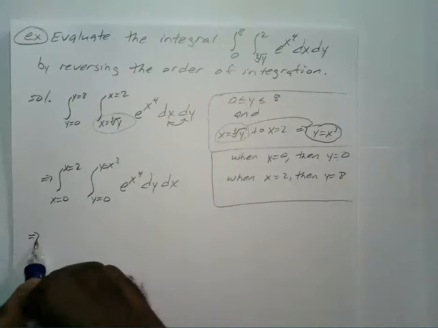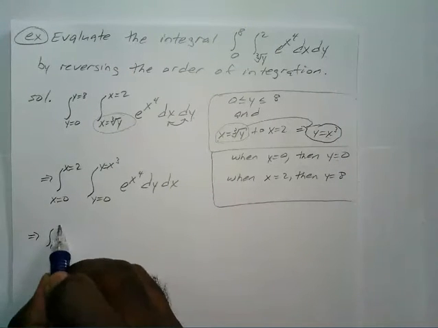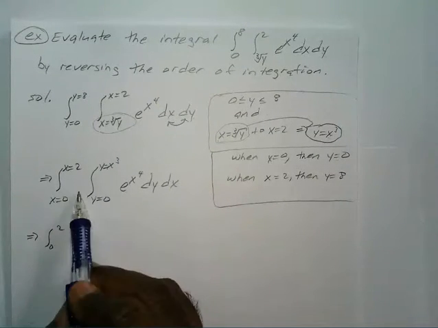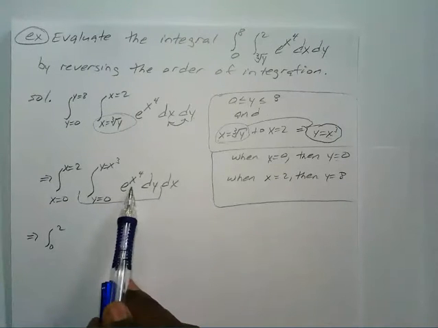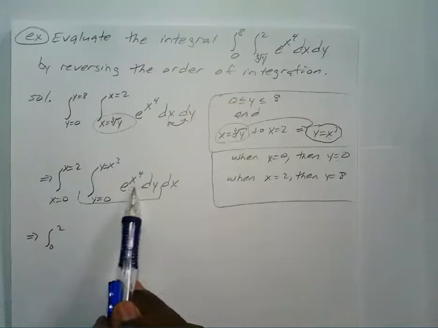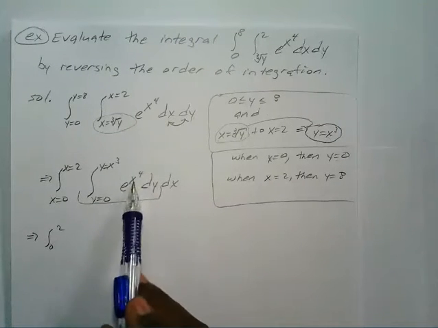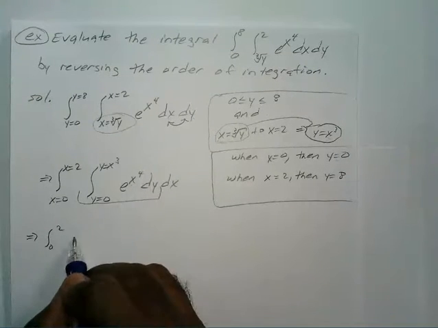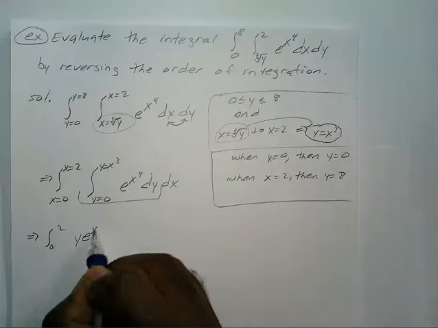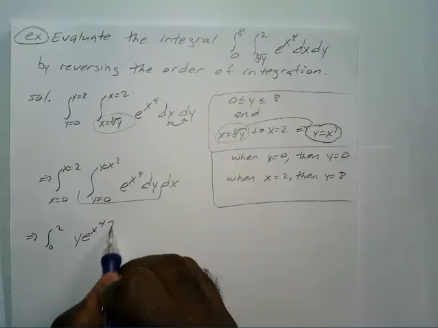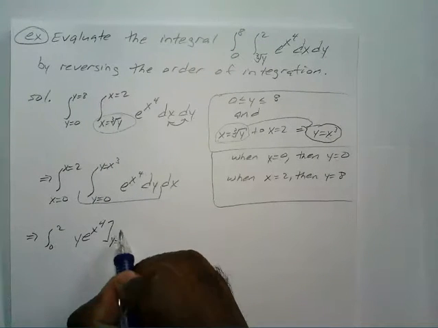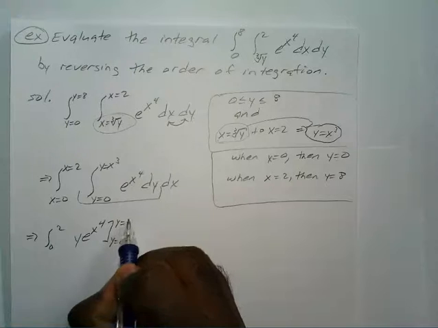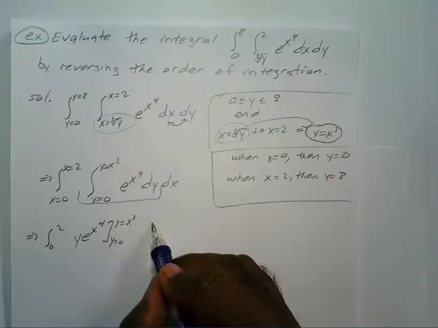Okay, so we know our integral from 0 to 2, and if we integrate our function with respect to y, this is really considered a constant, so that just becomes y times e to the x to the fourth. So y e to the x to the fourth power, and that's from y equals 0 to y equals x to the third.